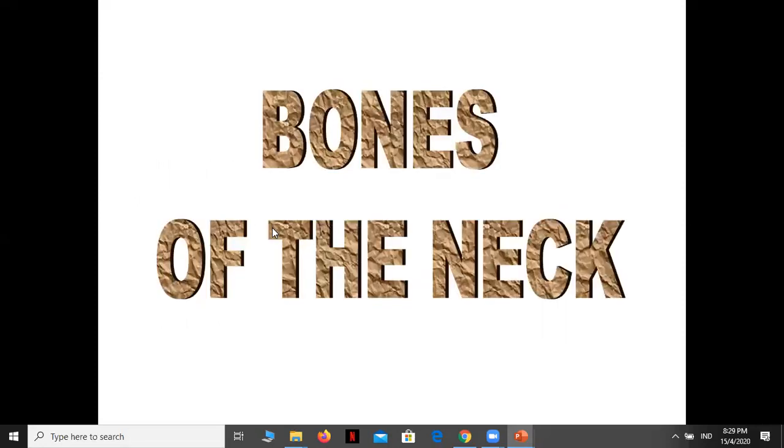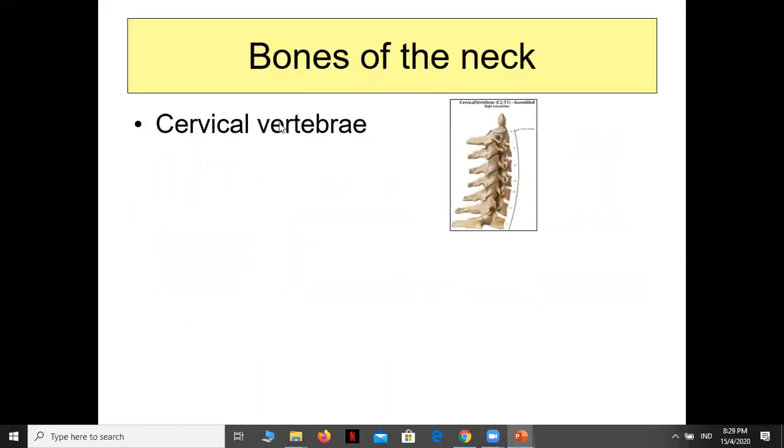Before we go further, we're going to discuss the bones that are present in the neck. So what are the bones present in the neck? These are the bones. The cervical vertebrae, we have 7 cervical vertebrae. And then we also have the hyoid bone.